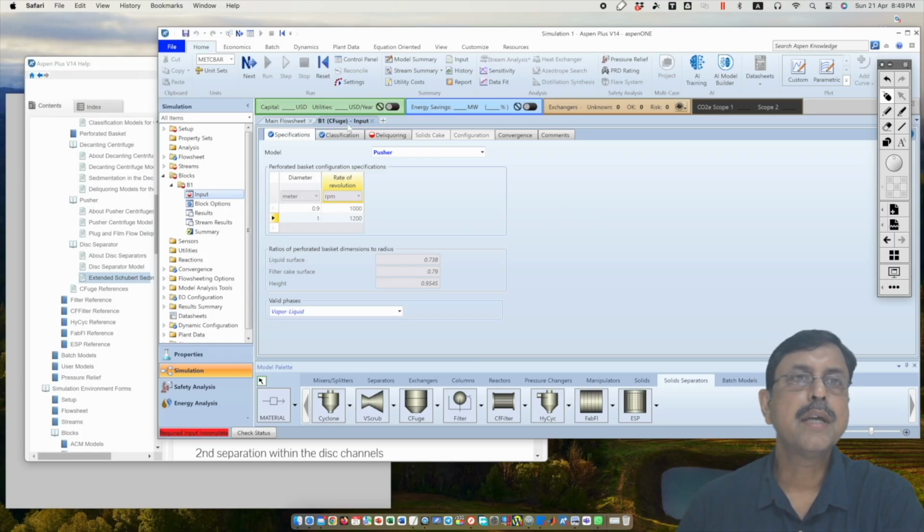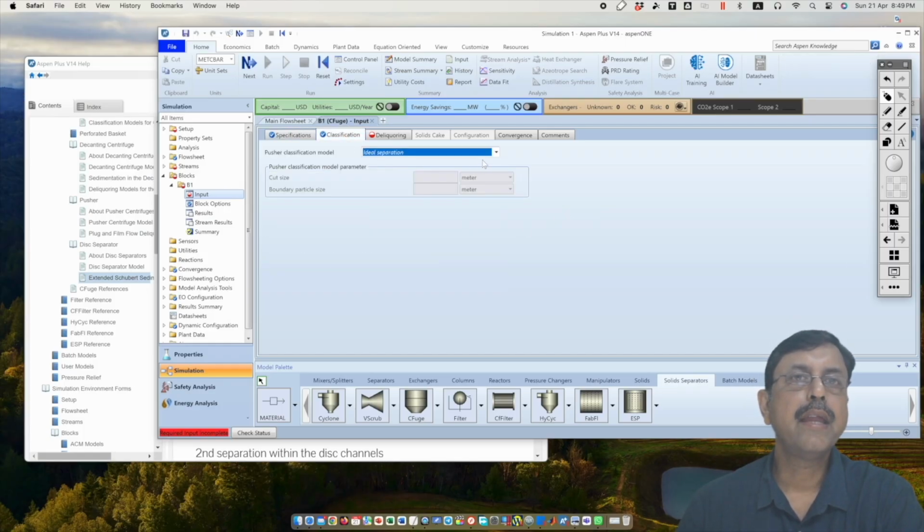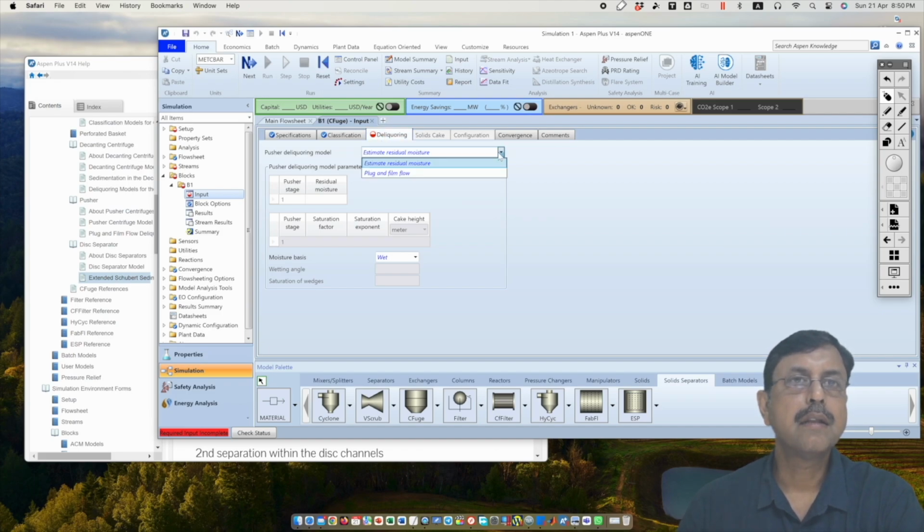So in the pusher, you will find the three types of classification model, which we have already explained. And it has deliquoring model. There are two types of deliquoring model, estimating the residual moisture.